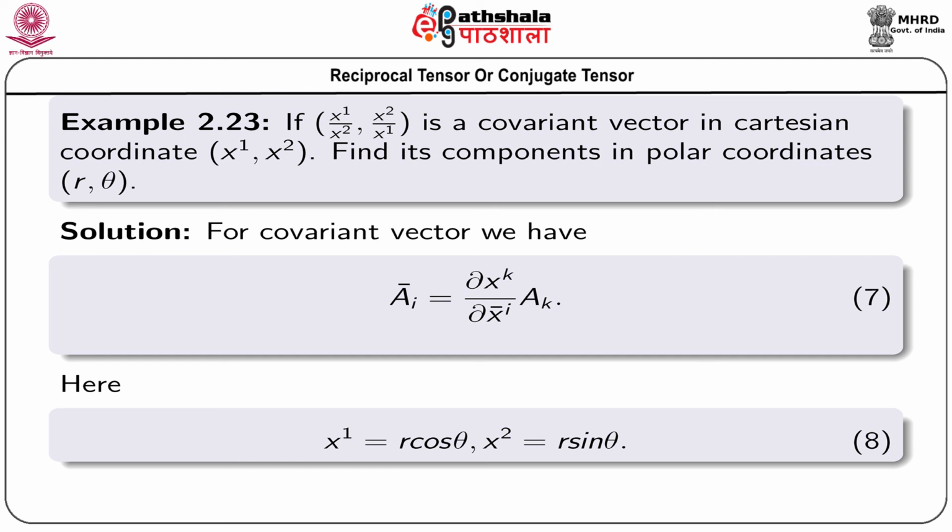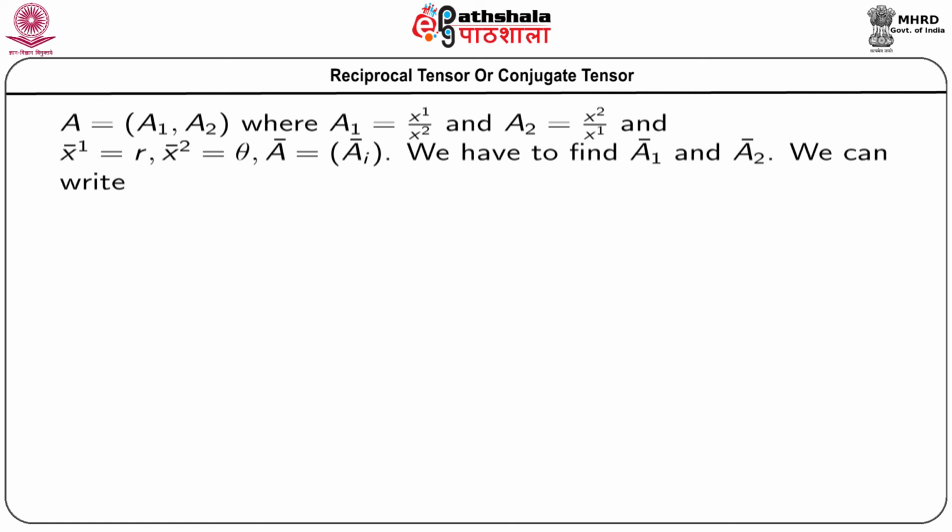Now, for the polar coordinate system, the transformation rule is x1 equals r cos theta and x2 equals r sin theta. And the components of the covariant vector are a1 and a2, where a1 is x1 by x2 and a2 is x2 by x1, and x bar 1 is r, x bar 2 is theta, because we are going to the polar coordinate system, which is denoted by r and theta.